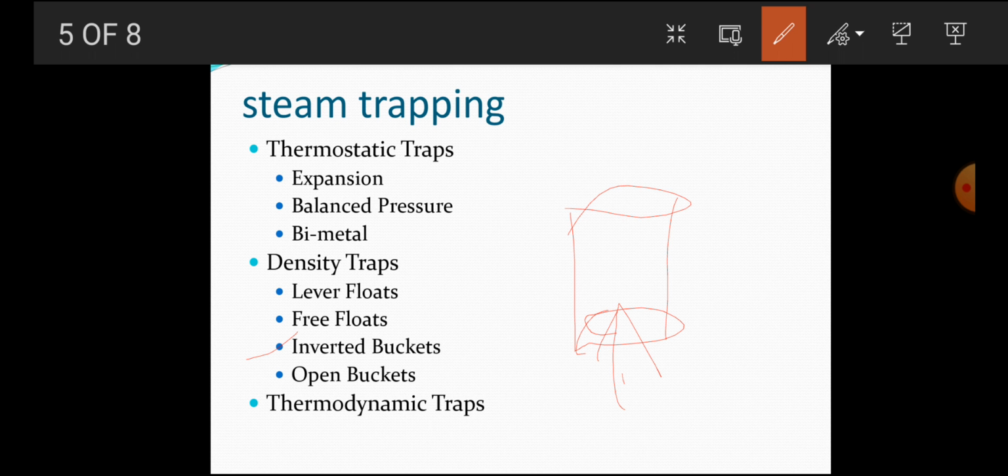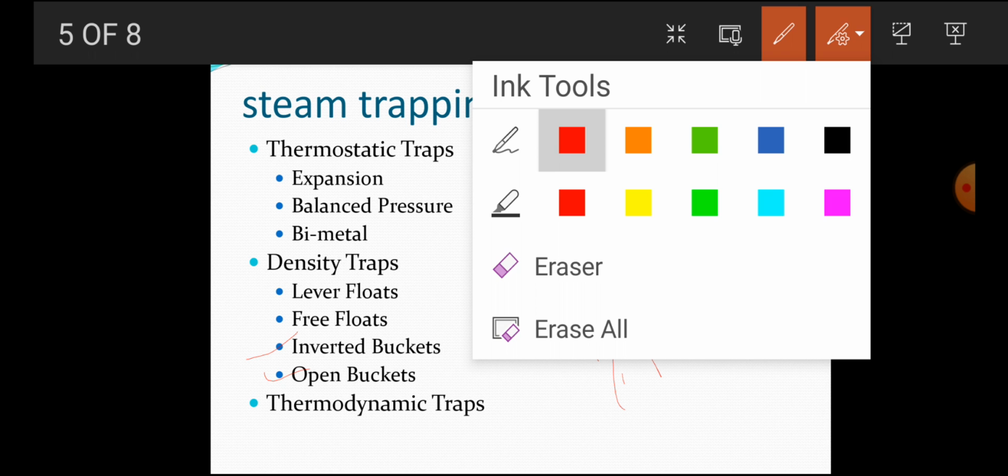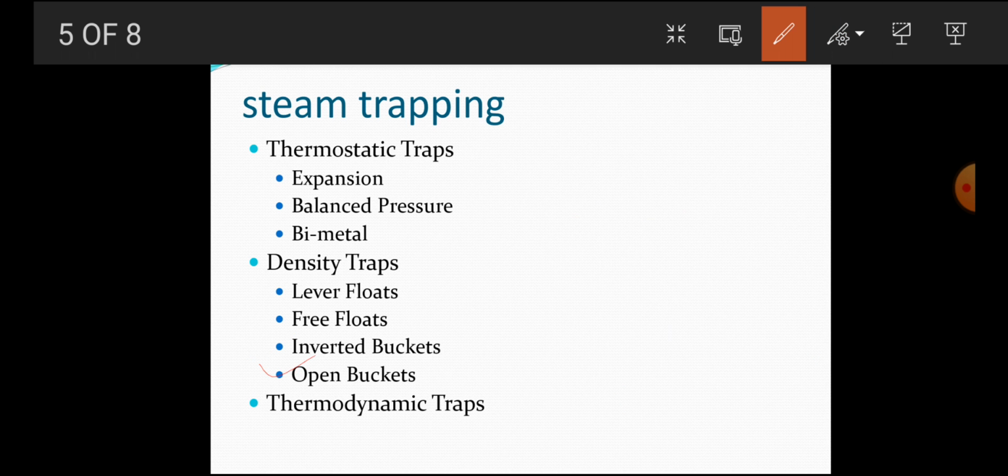Then there is the open bucket. An open bucket contains a cylindrically shaped bucket that is open on the top side.